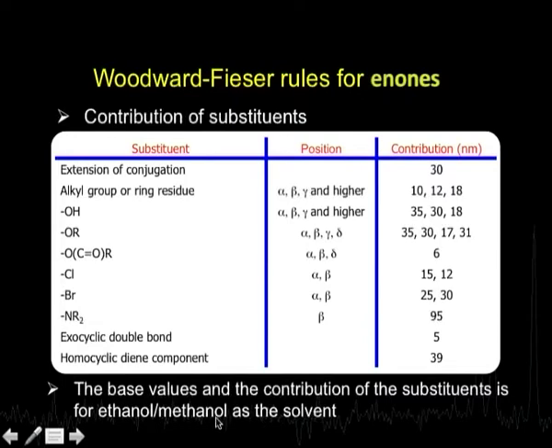Because, as you remember, these rules are very empirical, and the rationale comes from Woodward and Fieser. What they did was study the UV spectrum of a wide variety of molecules, and from there they empirically worked out the contribution of a base chromophore and the contribution of different substituents, and most of the data was in alcoholic solvents. So all these values pertain to ethanol as a solvent.